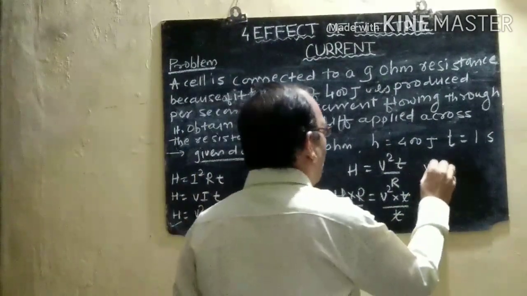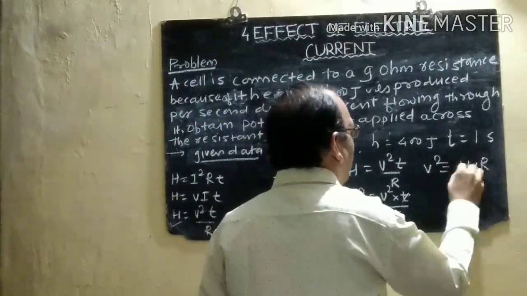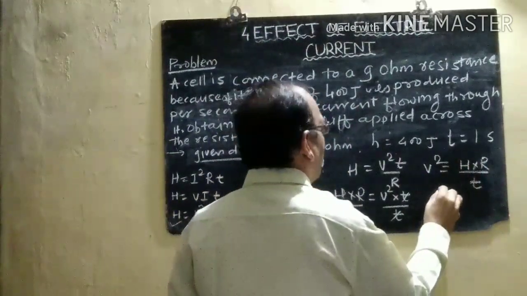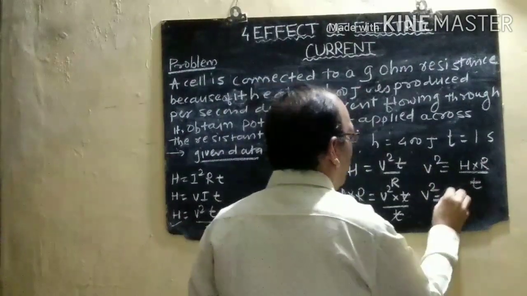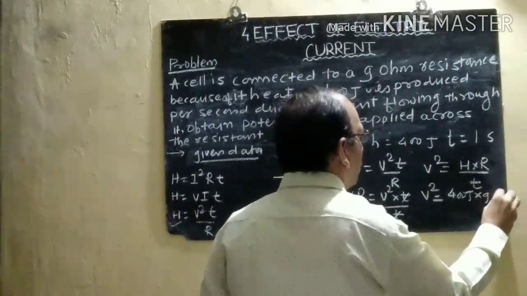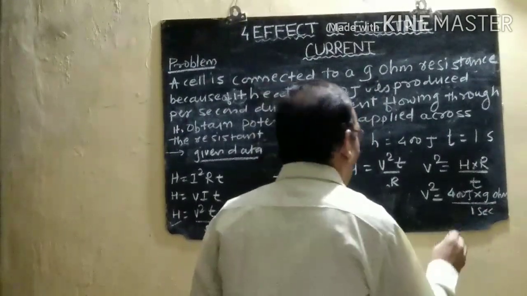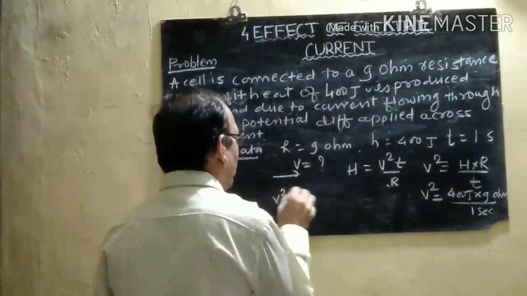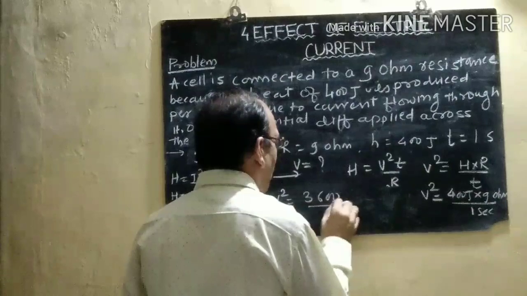Then we get the formula V square is equal to H into R divided by T. By putting in the values, V square is equal to heat 400 joule, resistance 9 ohm, time 1 second. By multiplying 400 into 9, we get V square is equal to 3600 by 1 second.